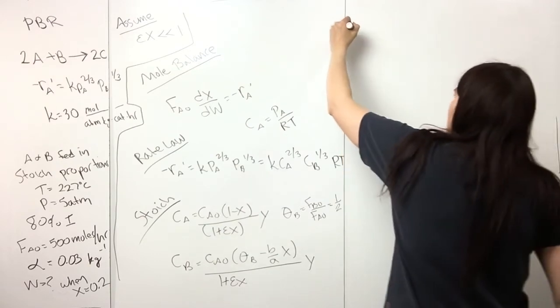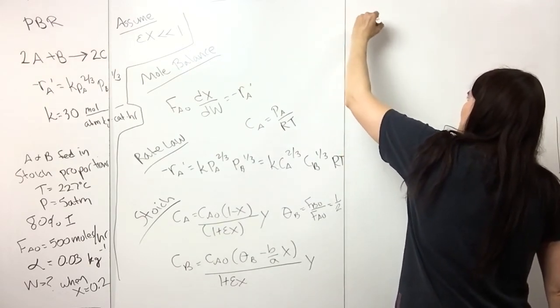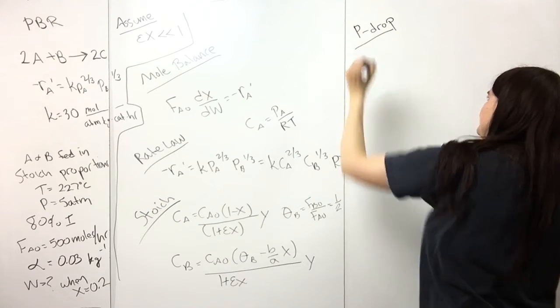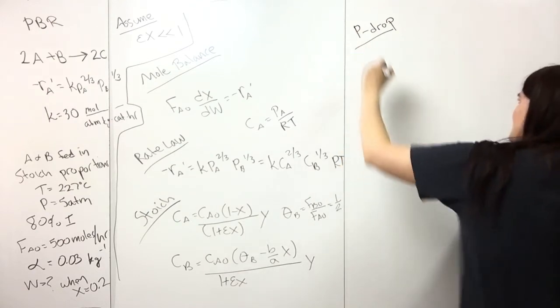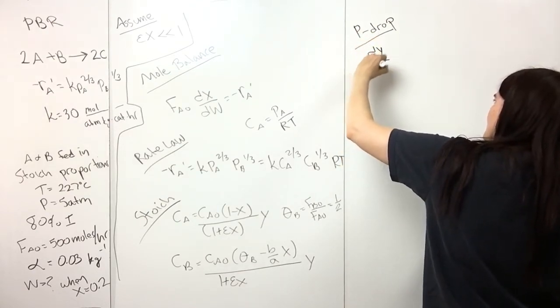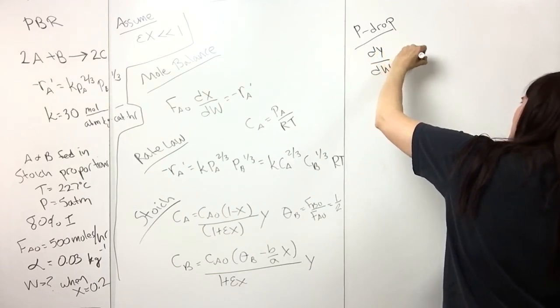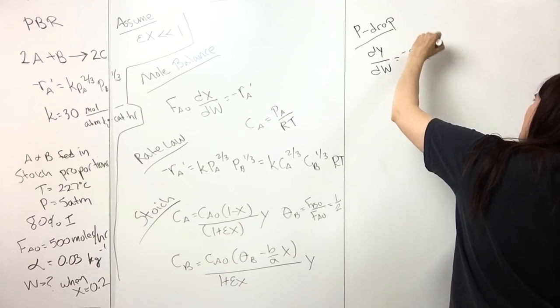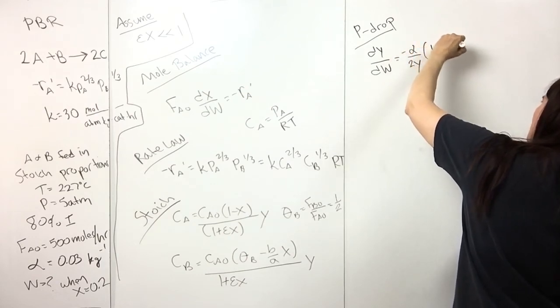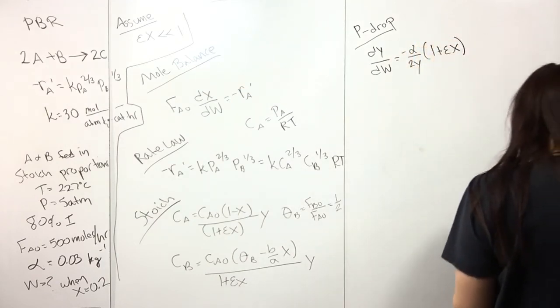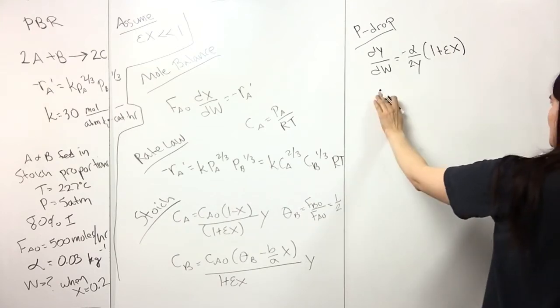So then we need to write the equation for the pressure drop, and that is dy dw is equal to minus alpha over 2y 1 plus epsilon x. And so this is assuming isothermal.